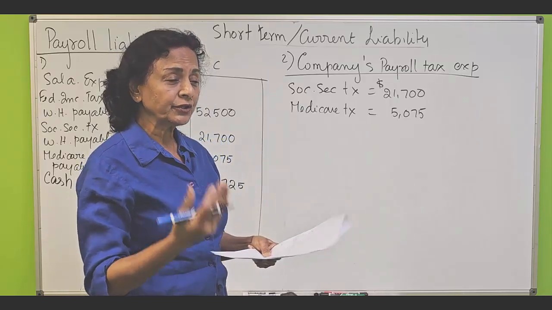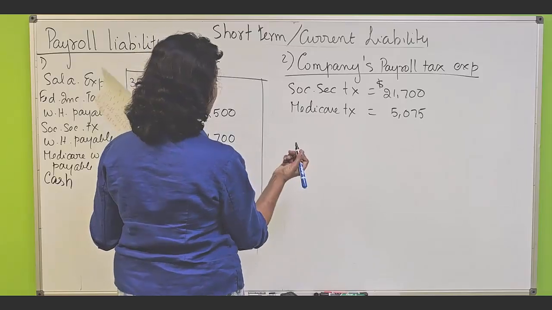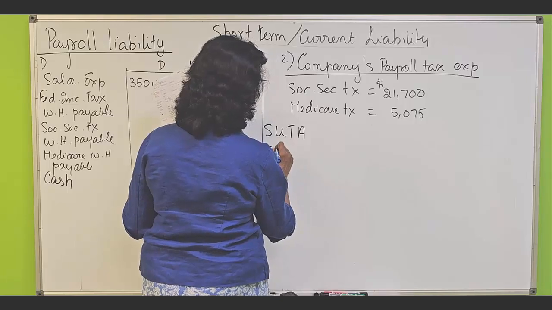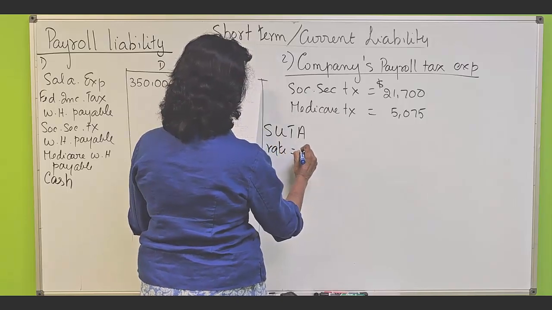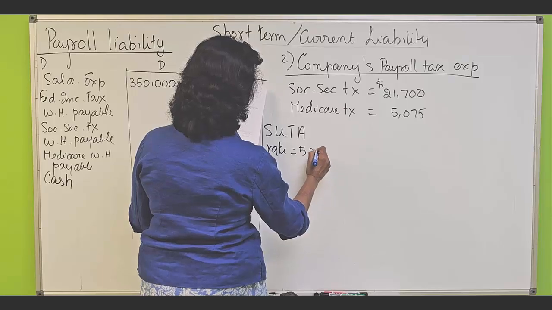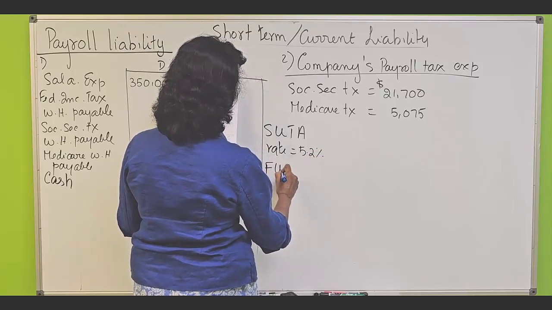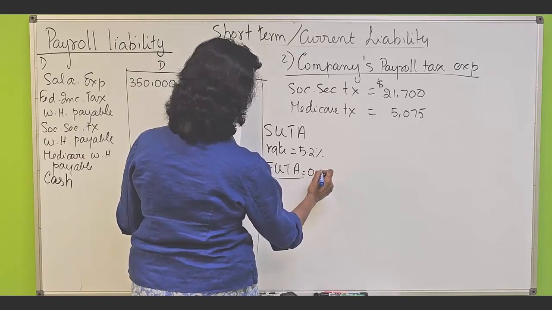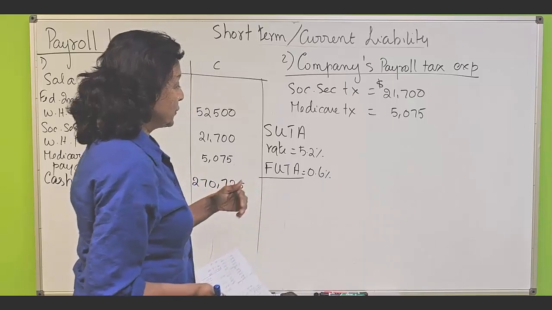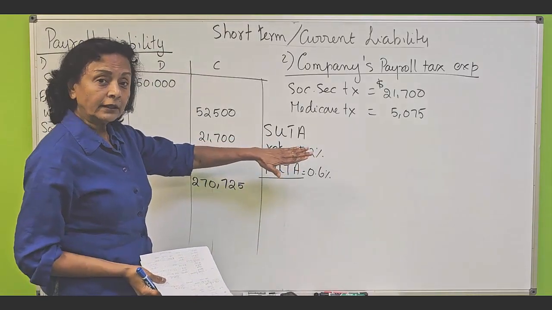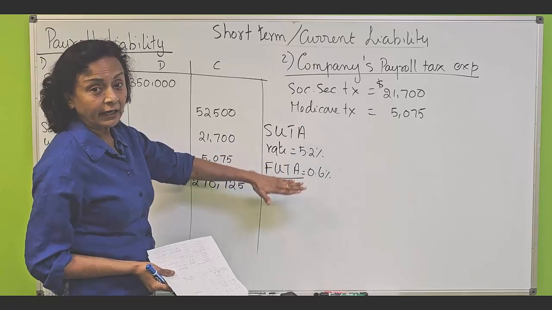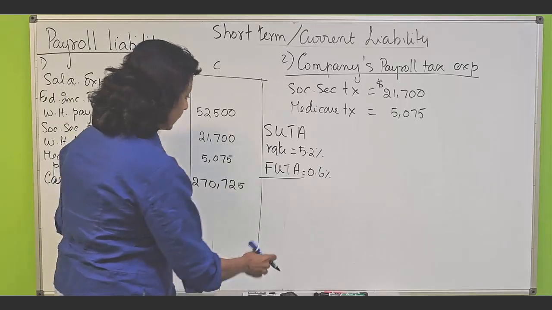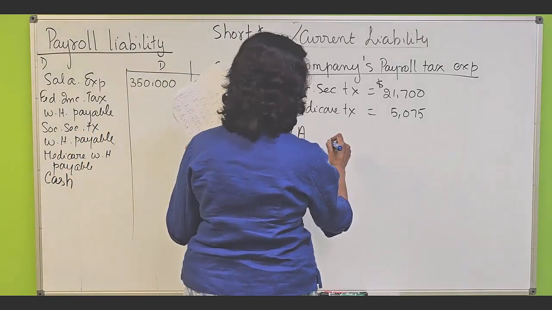So here I'm going to assume the state unemployment tax rate equals 5.2% and the federal unemployment tax rate equals 0.6%. So again folks, depending upon the state, these rates can vary for the federal as well as for the state, okay?